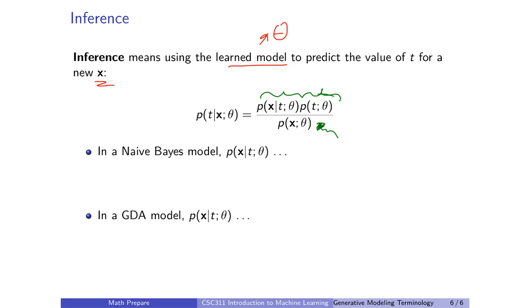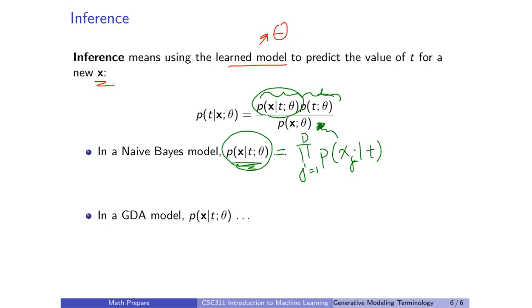So in a naive Bayes model, computing this term right here, we split it up like this, with j equals 1 to d.